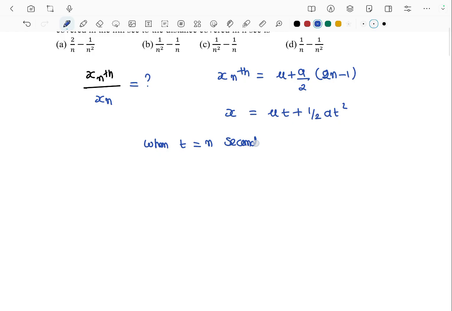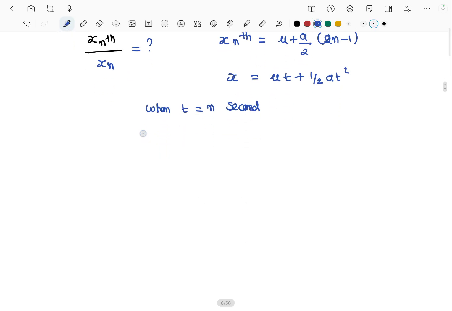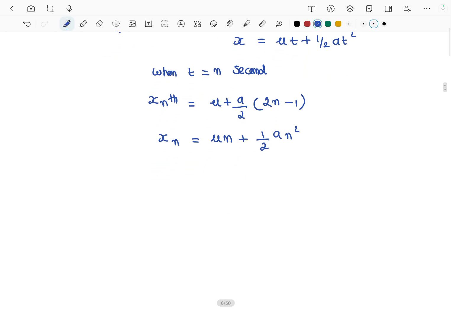When time t is equal to n seconds, let's calculate our x_nth. x_nth will be equal to u plus a by 2 into (2n minus 1), and then x_n is equal to un plus half into a into n squared. Let's now get the ratio x_nth divided by x_n.